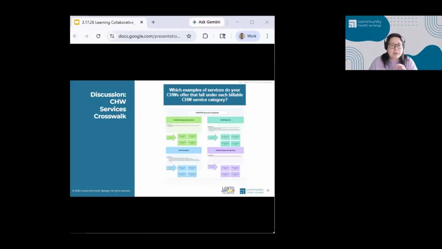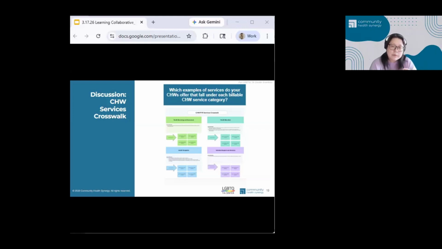So here is just an example of an activity that we do with some folks, just to do a crosswalk of their CHW services. And we would invite you to think about which of your definitions of the 4 billable services that we described.